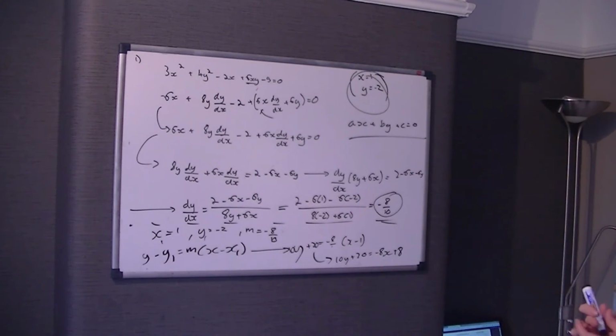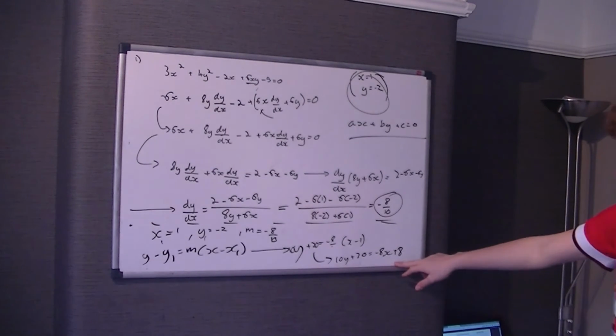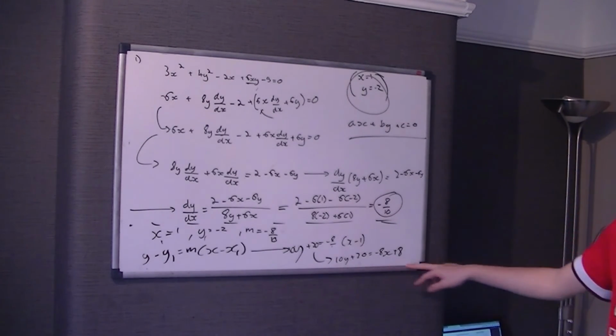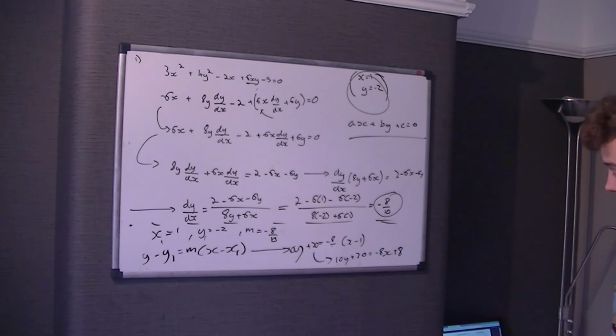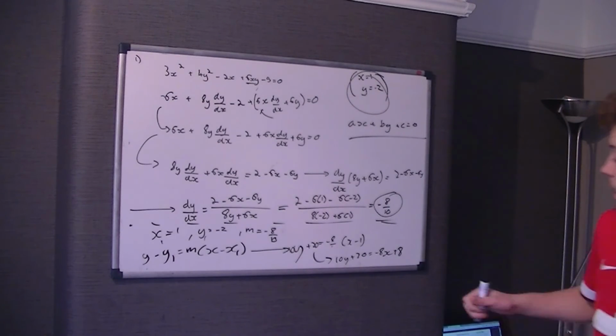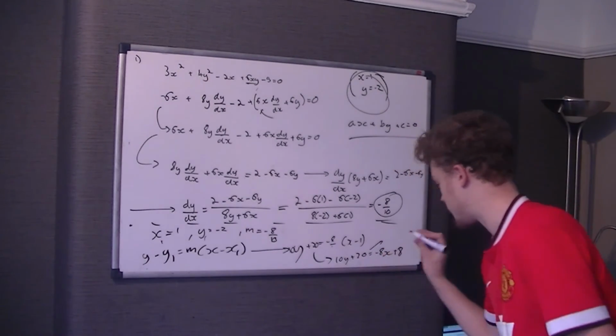Now it's up to you which way you finalise this. As I said, you'll get the marks either way. You could move the negative 8x and the 8 to the other side, or you could move the 10y and 20 to the other side. Either way you would get the same overall answer, although it may look different. You can't leave it as that either way.